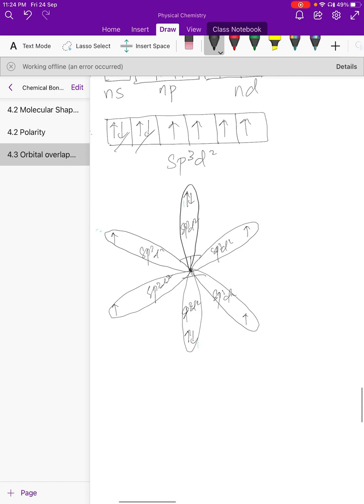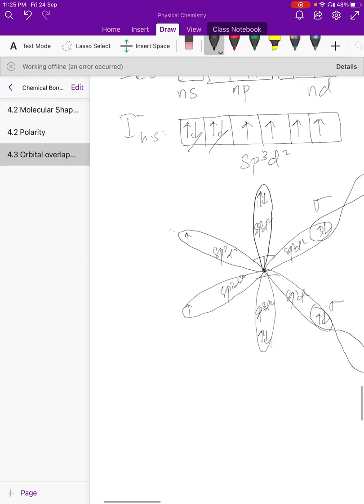So we draw the chlorine. The first chlorine, you get the first sigma. Second chlorine, you get the second sigma. Third chlorine, you get the third sigma.